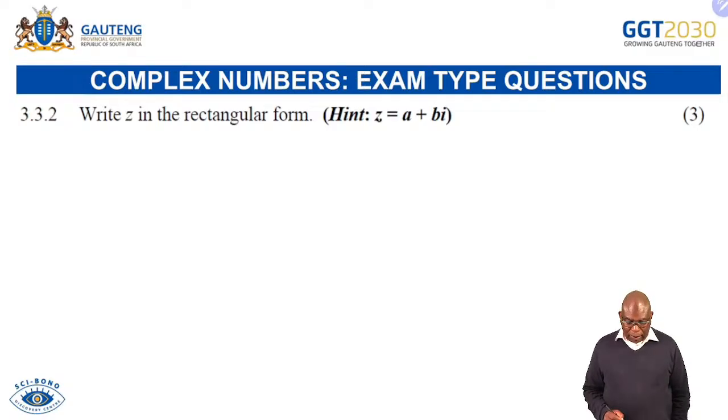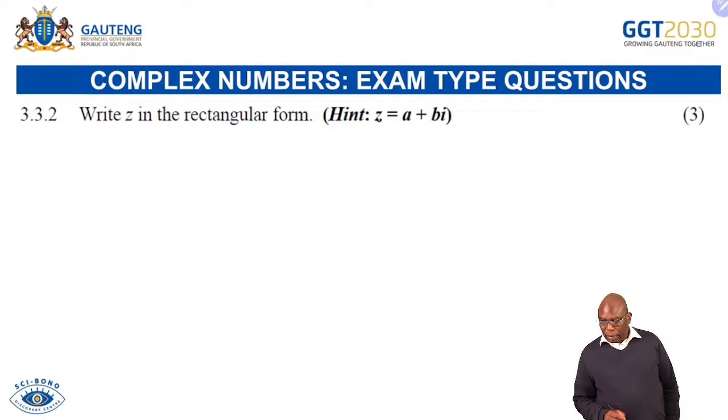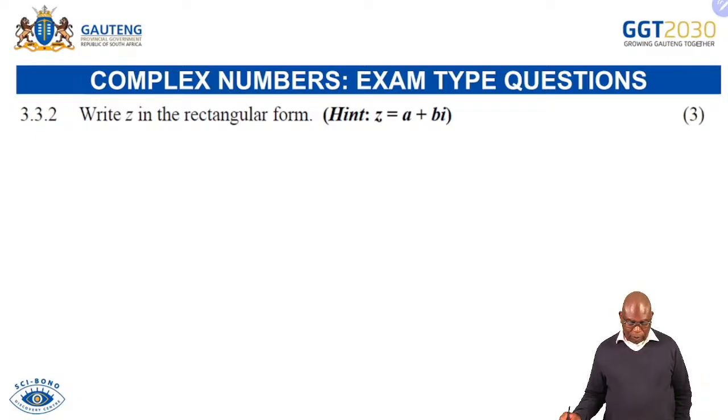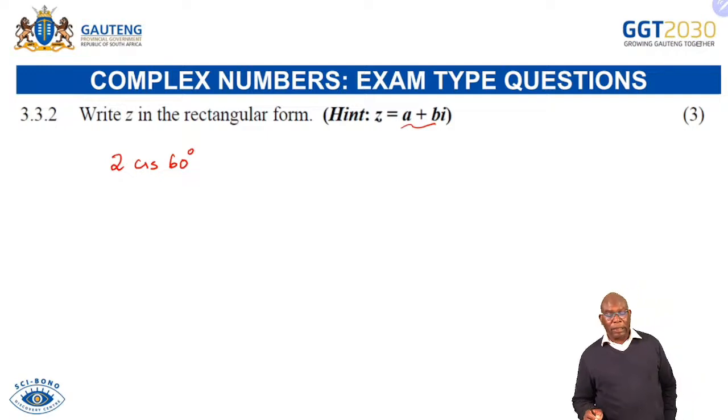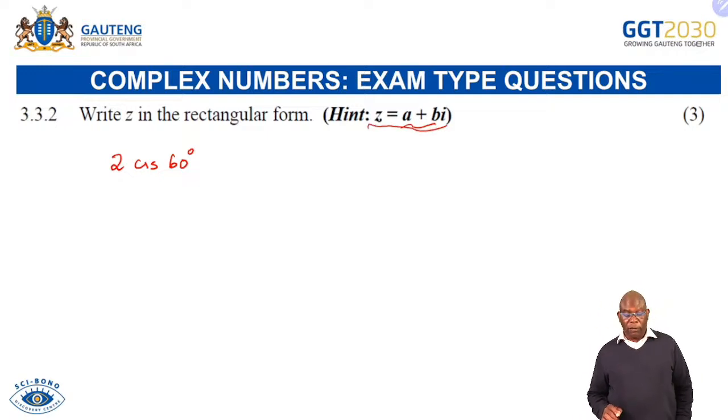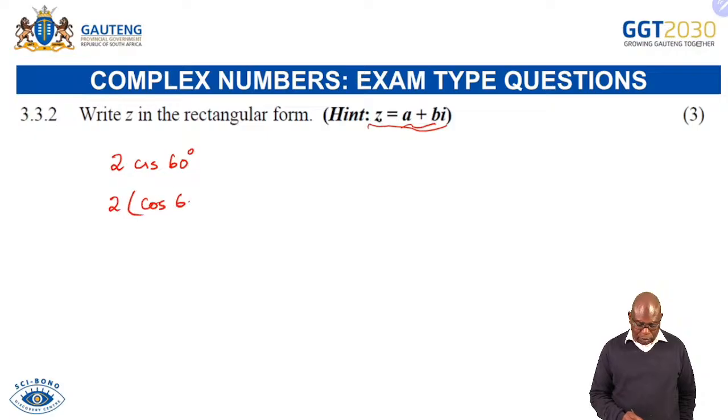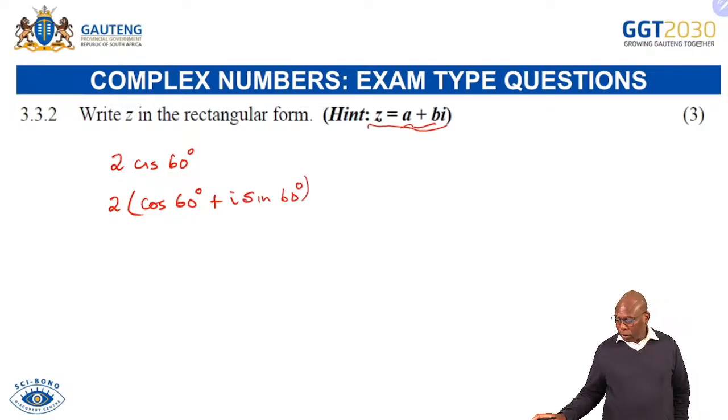Write z in the rectangular form. How do I write z in rectangular form? Here. So that is in this form. Remember, we've got a 2 and I've got 60 degrees. So I want to write it in rectangular form. And they give it to you there. So it will be 2 into the cos of 60 degrees plus i sine of 60 degrees. Right? So I'll go 2 multiplied by cos 60 degrees.